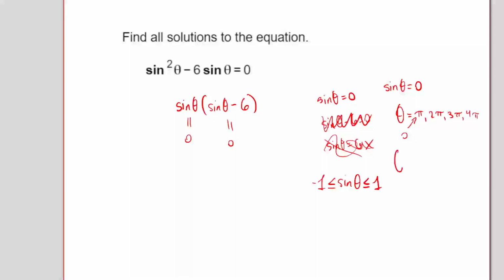We can write it as theta equals n times pi, where n is equal to 0, plus or minus 1, plus or minus 2, and so on and so forth, and you can just put dot dot dot. That would be the answer to this question, because that's the only time where sine theta will be equal to 0, and the other part won't be equal to 0 at all. So this is our only answer.